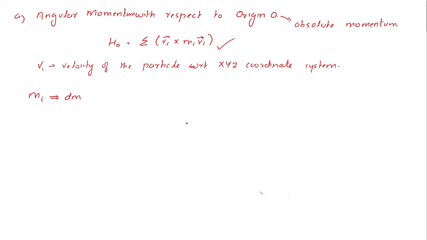In that case, the angular momentum with respect to the point O, H_O, can be given as, instead of sigma, an integral: H_O equals the integral of r cross v dm.